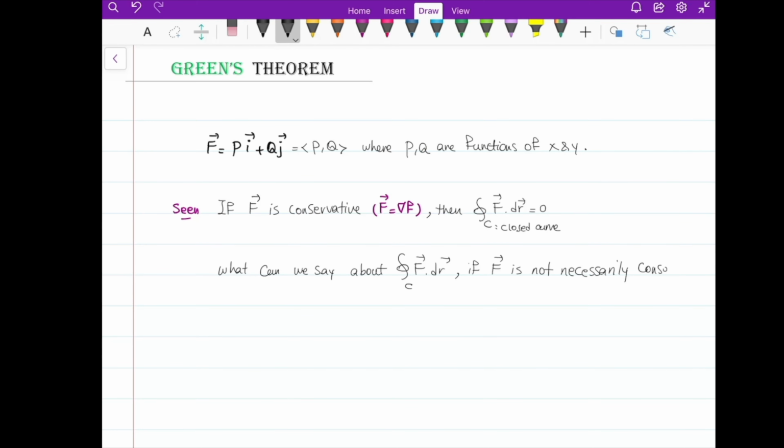Okay, that's the topic for Green's Theorem. So let me state Green's Theorem.